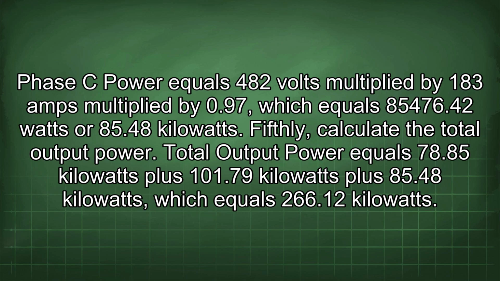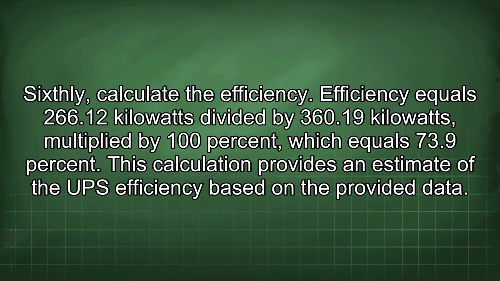Fifthly, calculate the total output power. Total output power equals 78.85 kilowatts plus 101.79 kilowatts plus 85.48 kilowatts, which equals 266.12 kilowatts. Sixthly, calculate the efficiency. Efficiency equals 266.12 kilowatts divided by 360.19 kilowatts multiplied by 100%, which equals 73.9%.